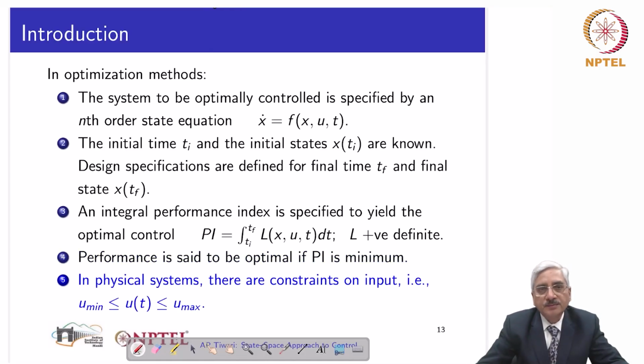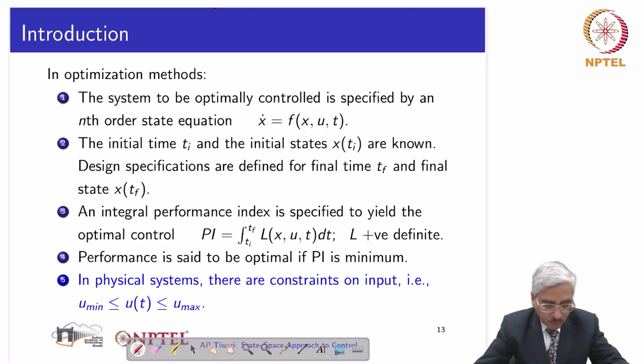In physical systems, there are constraints, especially on the inputs. The magnitude of input may not be beyond certain minimum and certain maximum. Also, many times there are constraints on the rate of change of the input. For example, the throttle cannot be increased beyond a point, and thereby the rate at which the input can change is saturated.